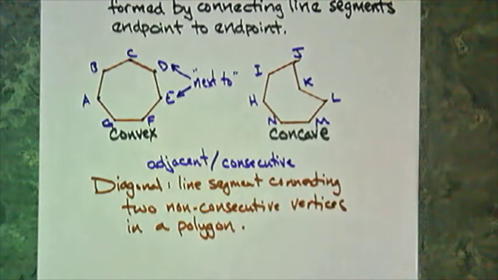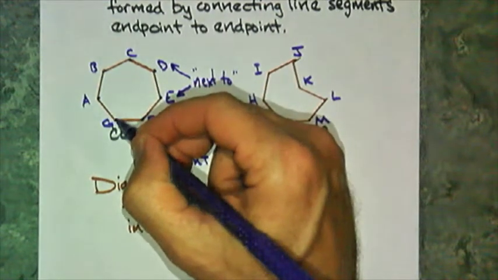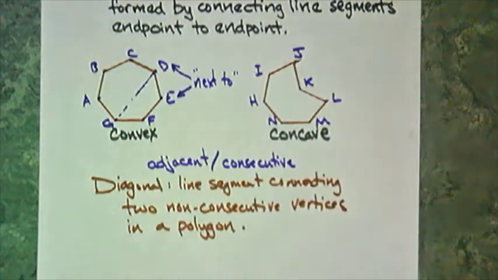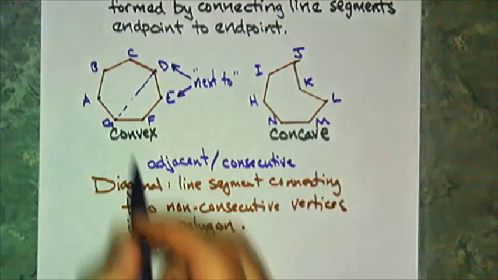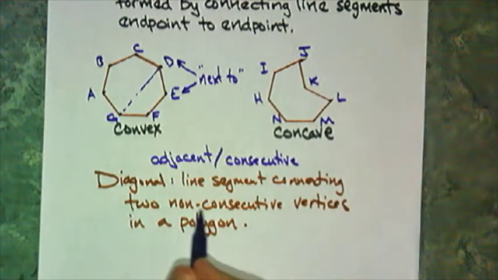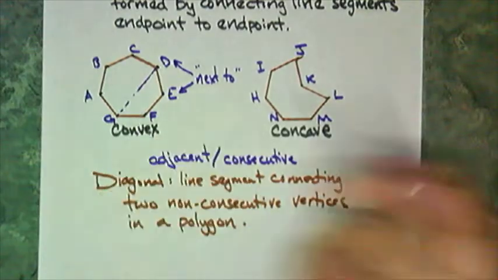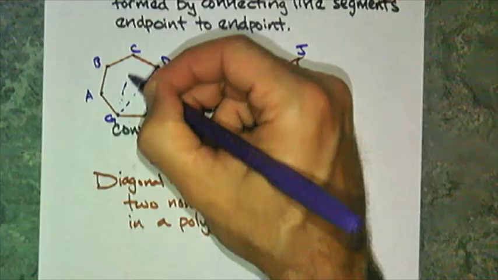We had a problem the other day, and some people were asking me, what does diagonal mean? So that's exactly what it means. There are diagonals. GD, if I connected that, would be a diagonal. GF is not a diagonal. GA is not a diagonal, because we have to have non-consecutive vertices. GF is called a side. GD is a diagonal. GC is a diagonal.